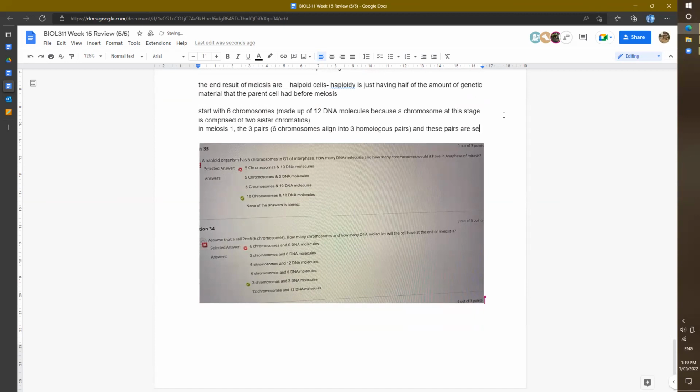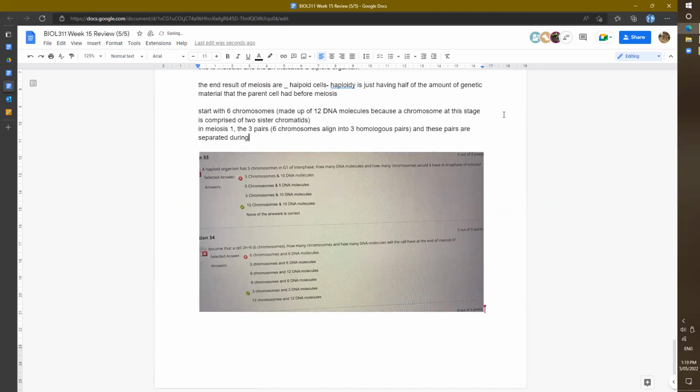So after interphase comes S phase, and that's the synthesis phase where we duplicate our chromosomes, and in duplicating the number of chromosomes that we have, we are also duplicating the number of DNA. So we have double the chromosomes and double the DNA.